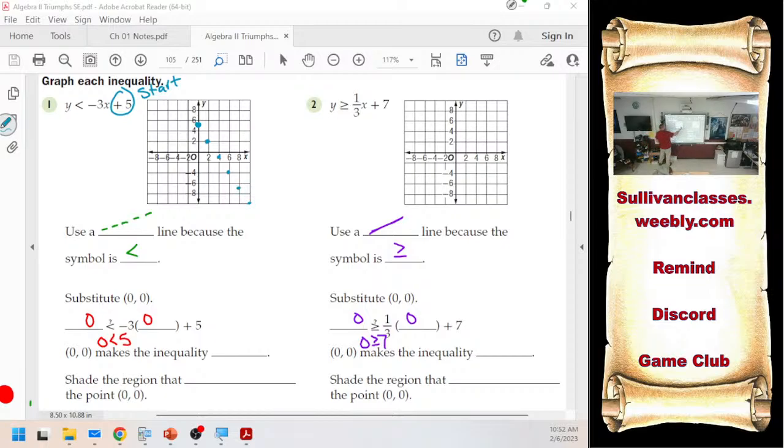Did we all catch the scale? I even goofed it. The X and the Y are both going by twos.